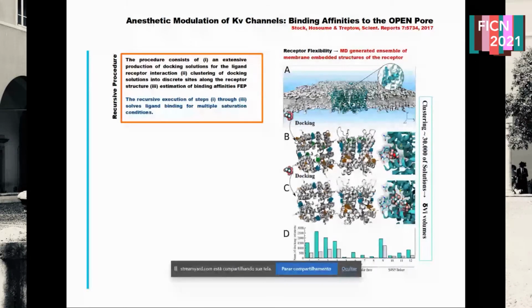Because we were interested in saturation conditions, SEVO was then redocked against this first ensemble of docking solutions to solve double occupancies at the S4-S5 linker, at the S5-S6 interface, but not on the external face of the channel. Here are exemplars of the molecular solutions at the S4-S5 linker for single and double occupancies.